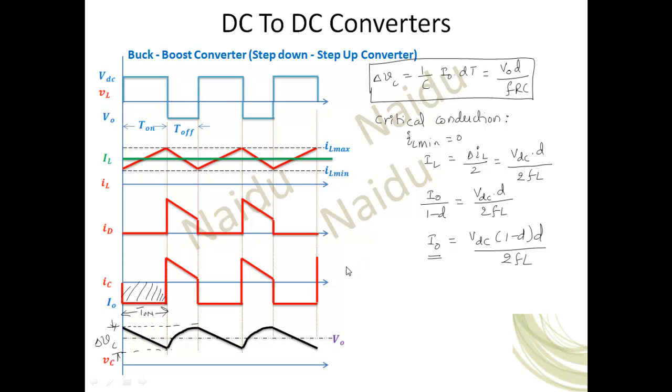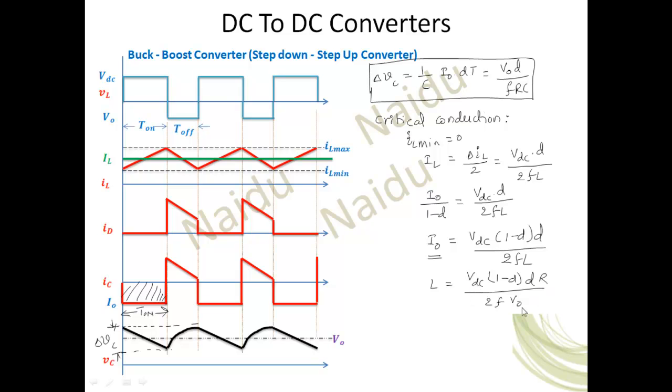But most of the time we will show this in terms of the inductance only. Then you can take the inductance L equal to VDC into 1 minus D into D by 2F I naught. I naught is nothing but V naught divided by R, so R comes to the numerator.